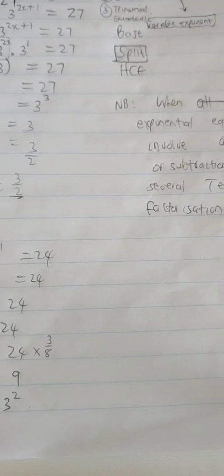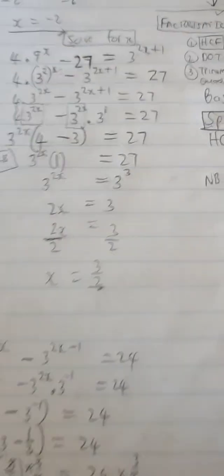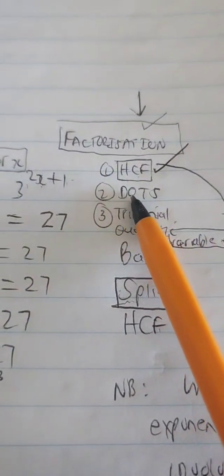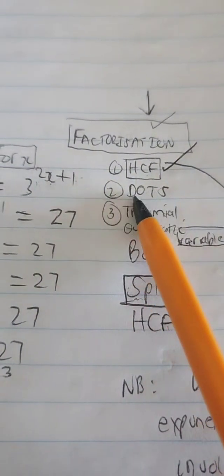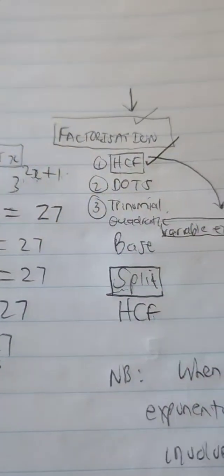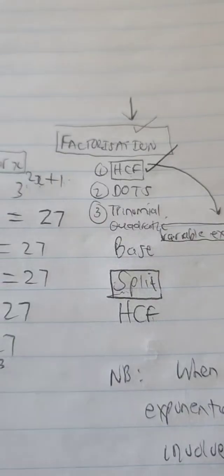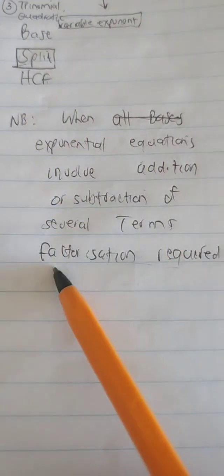So I'm actually just going to write one more problem so that you guys can do that one. I'm not going to step into doing solve for x problems that have to do with the other types of factorization. I'm going to save that for the next live lesson tomorrow. All right. So for now, I'm focusing primarily on when exponential equations involve addition and subtraction of several terms, a type of factorization is required.